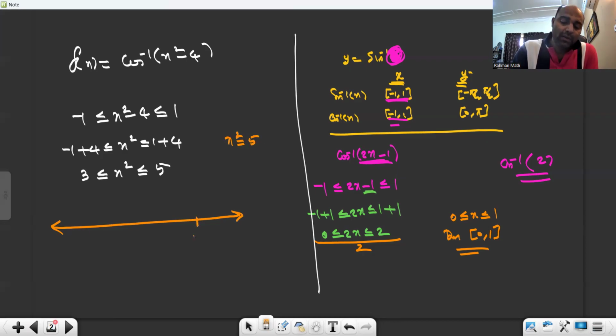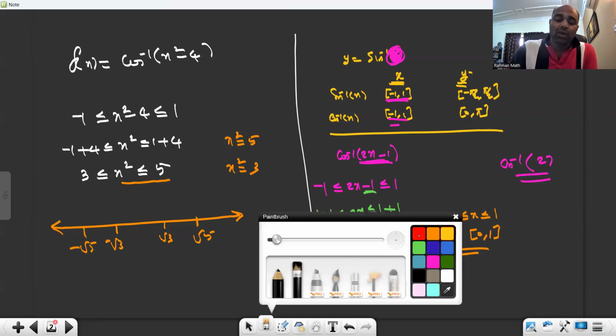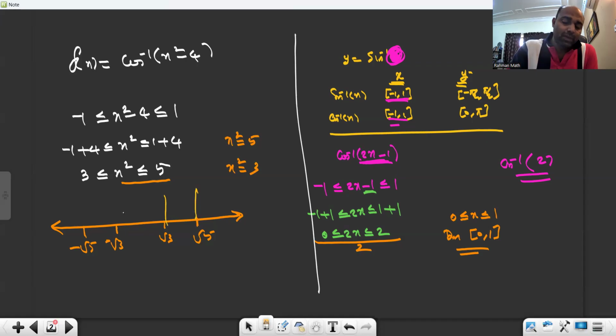Place root 5 and minus root 5 on the number line. Next, x square equal to 3 means x can be plus or minus root 3. The position everybody should know according to the order. This is the order: minus root 5 is smaller than minus root 3, smaller than root 3.